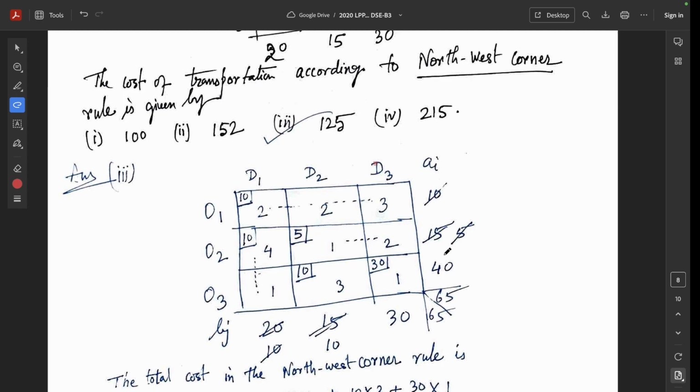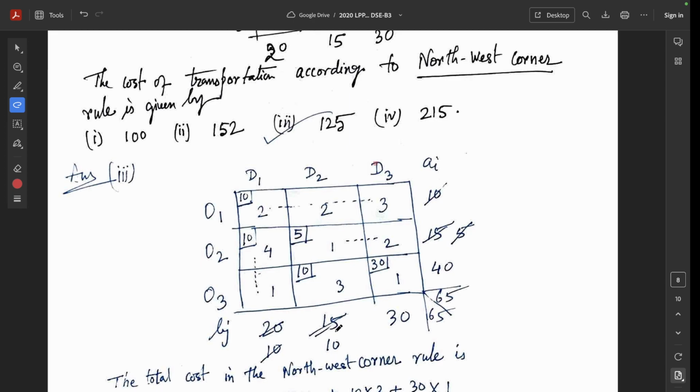Remove this 5, and 15 minus 5 equals 10, we put 10 here. So in origin O2 there is no availability, so we drop the second row. Now there are two cells in the third row.